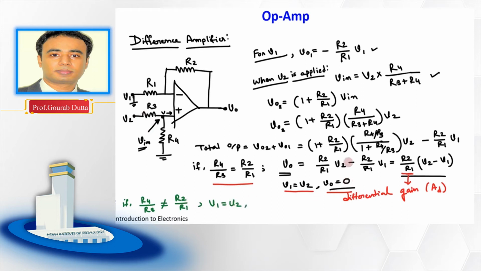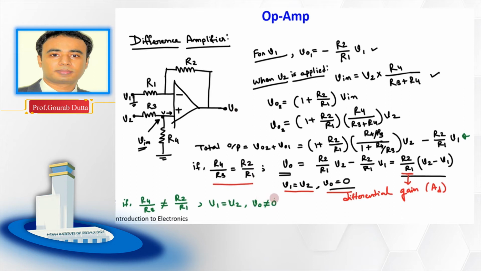In that case, definitely from this equation, the output will not be equal to 0, right? So you can see here the same signal is applied, but still the output of this difference amplifier is not equal to 0.